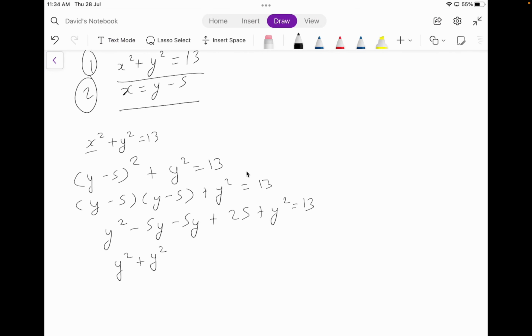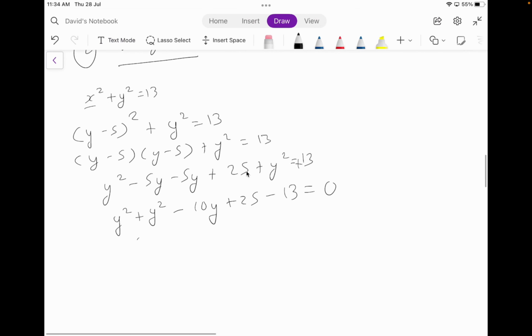Once you arrange the like terms, you get 2y squared minus 10y plus 25. This is a positive 13, so if you push it to the other side, you get a negative 13 is equal to 0. You have 2y squared minus 10y plus 25 minus 13, which gives you positive 12, is equal to 0.